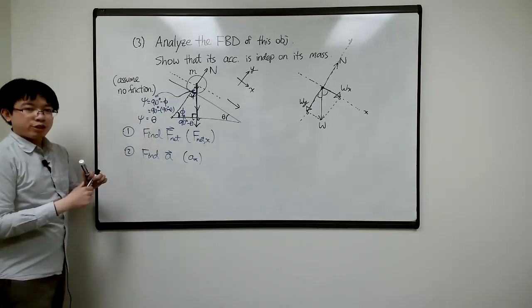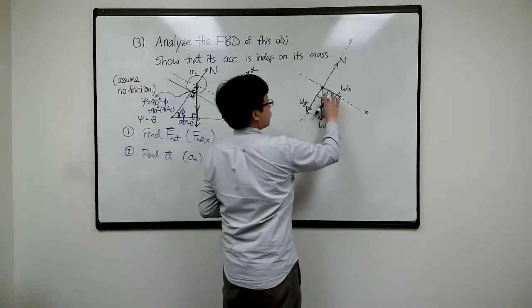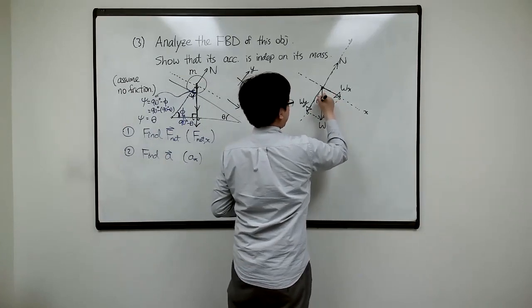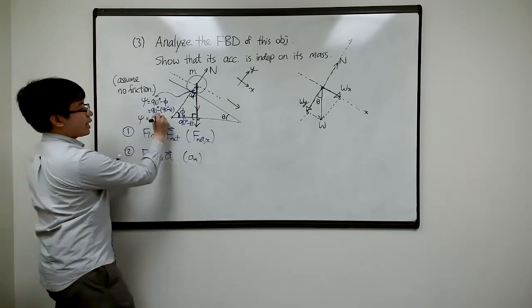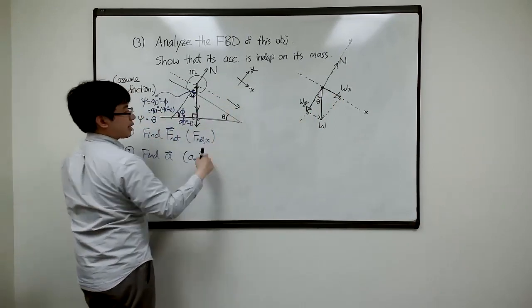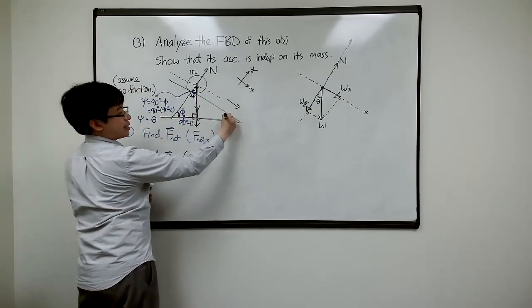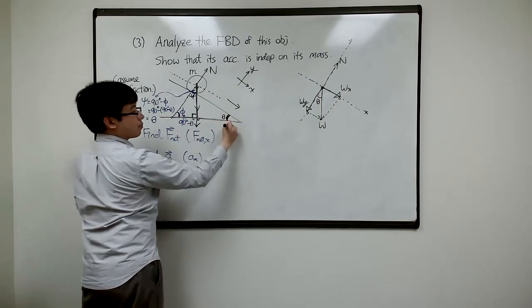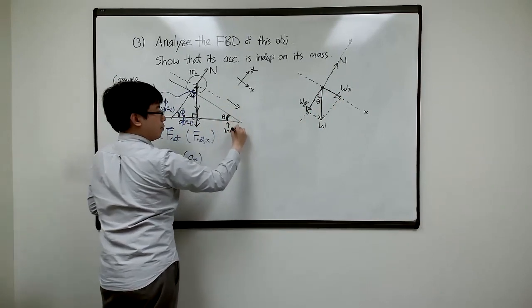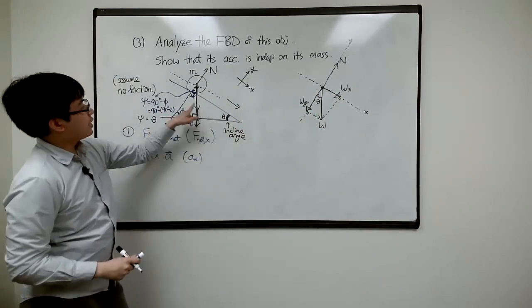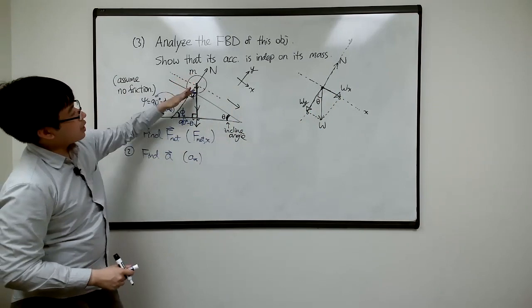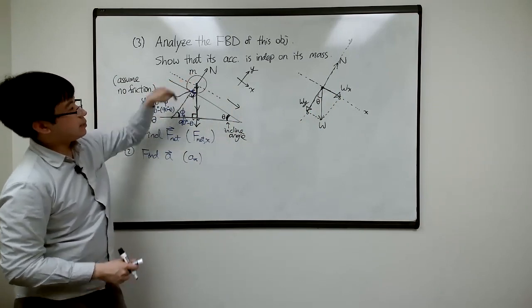If you do enough of these problems, you'll always realize that this is always the case. If I have an inclined plane like this, the inclined angle over here is always the same as the one over here.